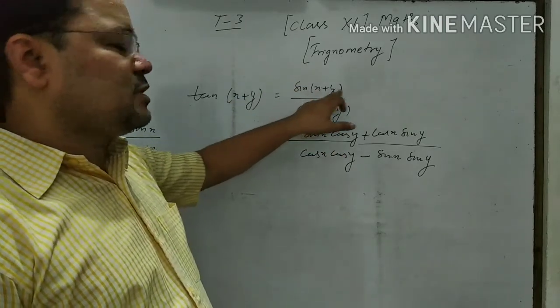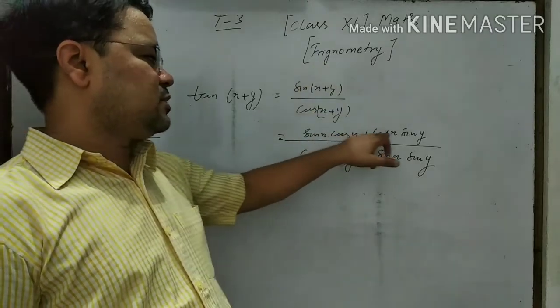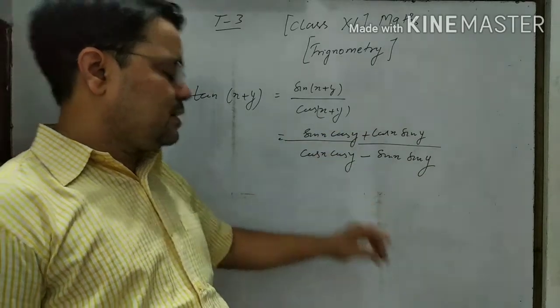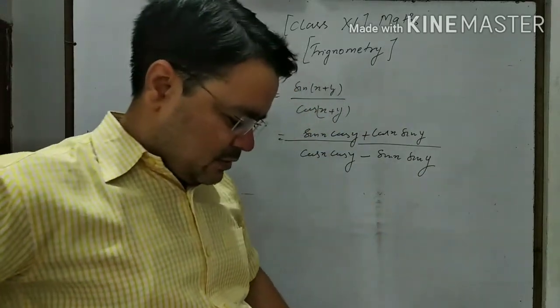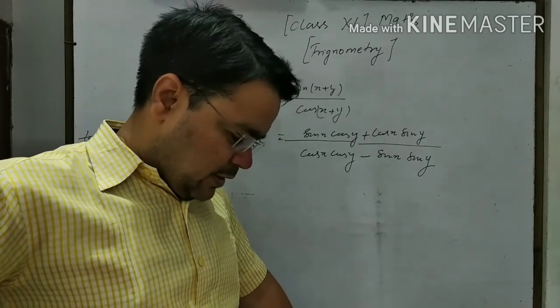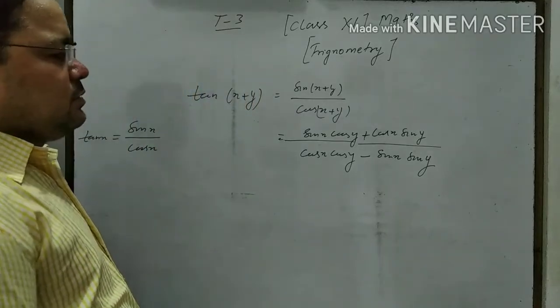Now expand sin x plus y. So sin x cos y plus cos x sin y, and cos x plus y is what? Cos x cos y minus sin x sin y. Now we should divide numerator and denominator by cos x cos y.